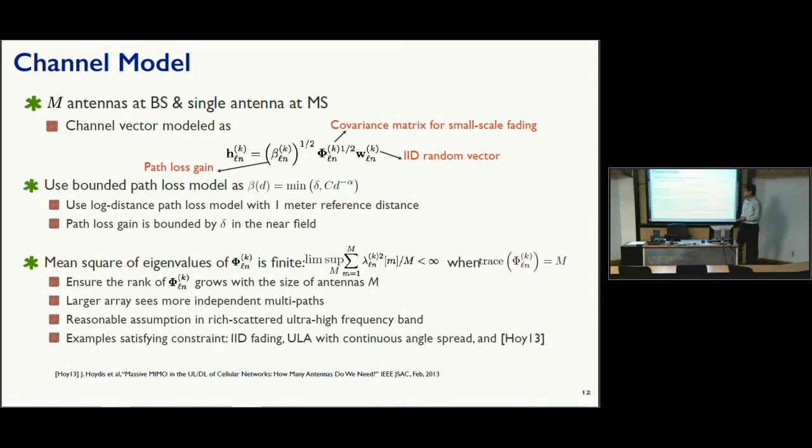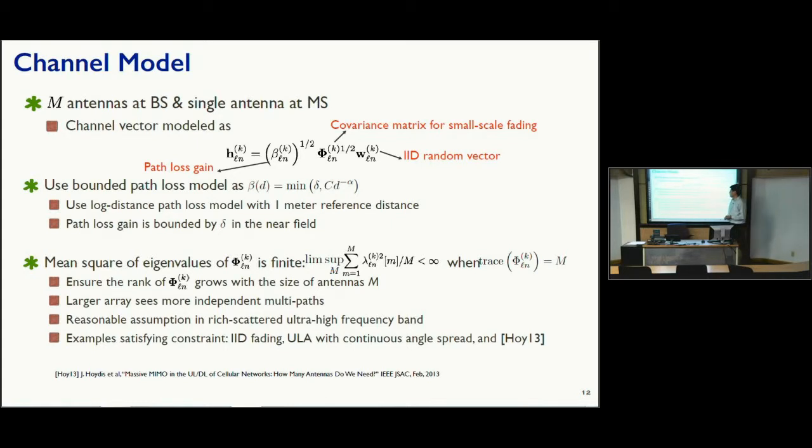This is how we model the channel. We consider there are M antennas at the base station and one antenna at a mobile station. So the channel vector H is an M by 1 vector. And we consider large-scale path loss and small-scale fading. The large-scale path loss beta is computed using the log-distance path loss model, which is d to the minus alpha.